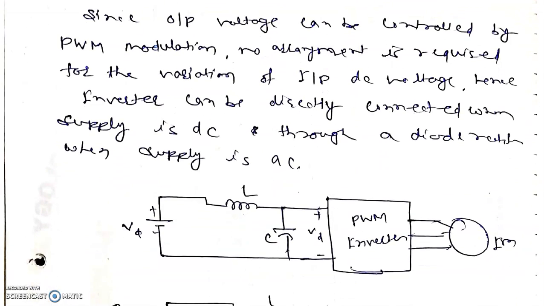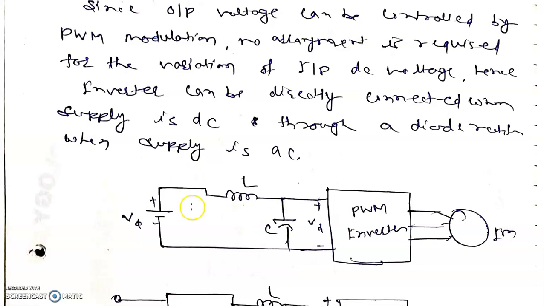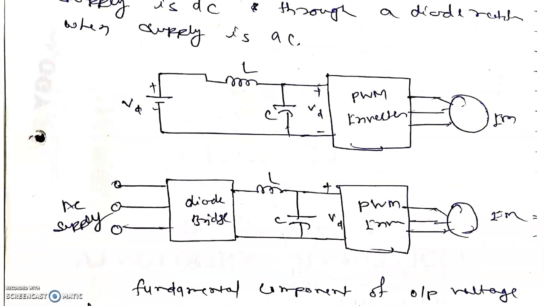So VD can be directly coupled to the PWM inverter, and if the supply is AC, then we place a diode bridge to convert the AC supply into DC supply, and this DC supply is directly given to the PWM inverter, which gives the variable frequency supply.